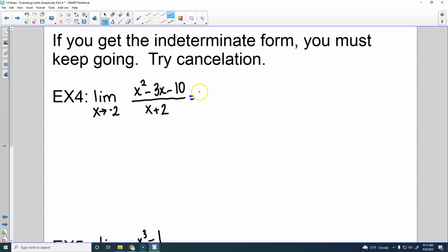I don't mind if you do this part in your head. You don't have to write it down. I'm going to write it down just so we're really clear that we're checking that every time. So, negative 2 squared minus 3 times negative 2 minus 10 over negative 2 plus 2.